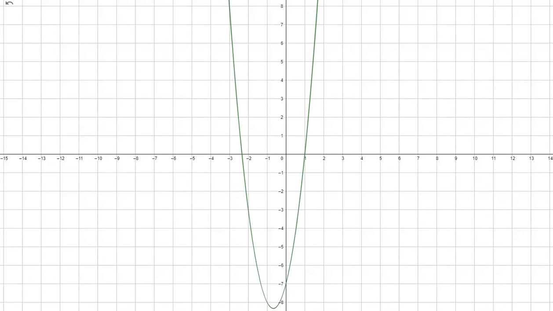What we've got here is the graph of 3x squared plus 4x minus 7. And we said this graph is increasing whenever x is greater than negative 2/3. So x greater than negative 2/3 means an x value from here and all the way over in this direction. And that's where our turning point is there.